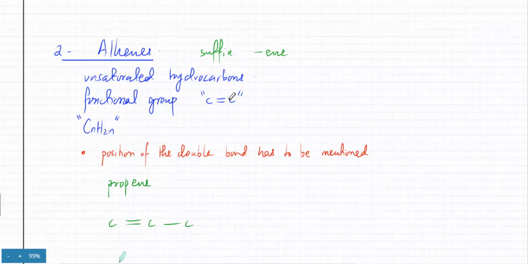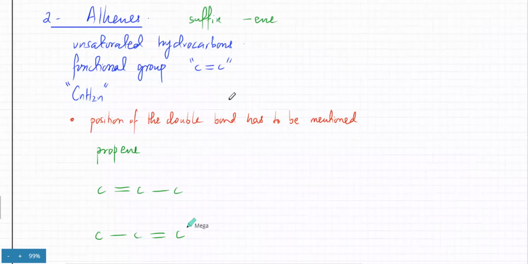Tell me, does it make a difference? No, these two things are exactly the same. Remember, I told you when you're drawing formulas, rotating it or flipping it or bending it would not change the molecule. It's the same exact arrangement. If I pick this up and rotate it and put it the other way around, it's basically the same thing, just a flipped around version. Anyways, you have propene.